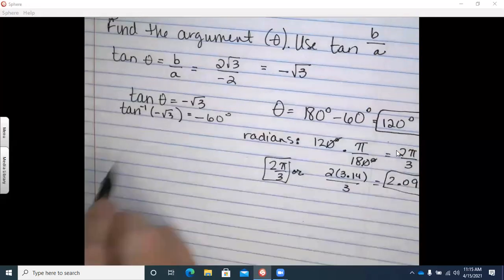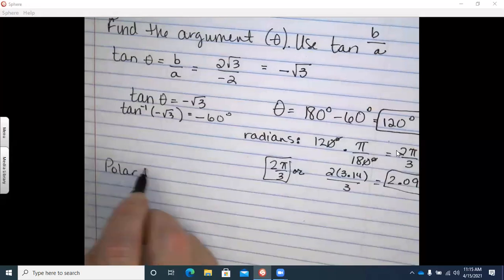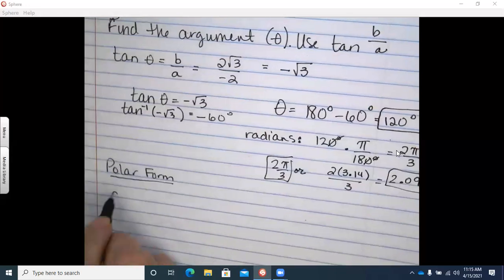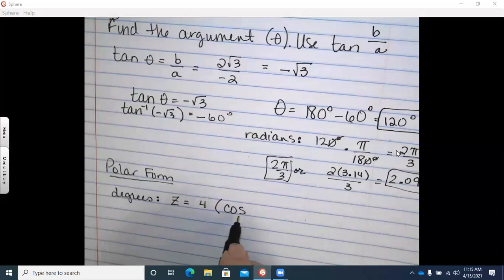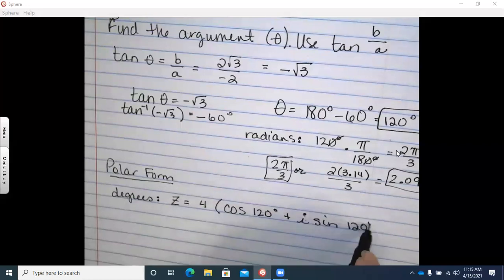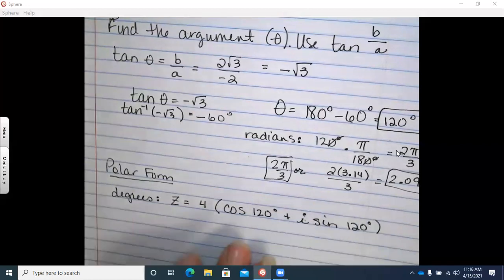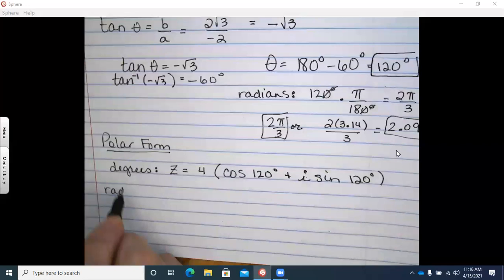So polar form in degrees, we would have z equals my modulus, which was 4, open parentheses, cosine of theta, which in degrees is 120 degrees, plus i times the sine of 120 degrees. Then I'm going to do radians in terms of pi. On the last one, we just did it in decimal form. I'm going to do both this time.